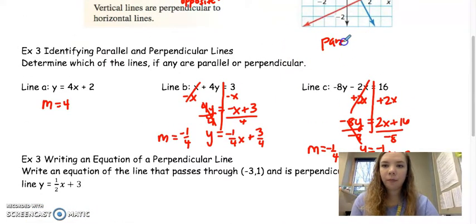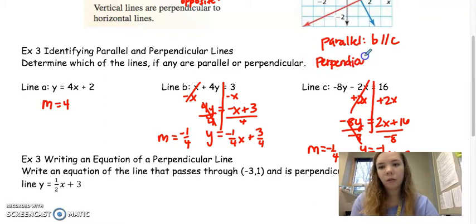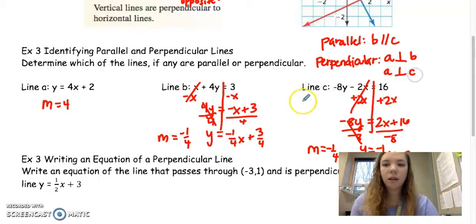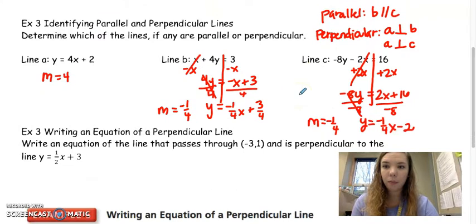Parallel would be B is parallel to C, and perpendicular, A is perpendicular to B, and A is perpendicular to C because they have opposite reciprocal slopes. Negative 1/4 is the opposite reciprocal of 4.